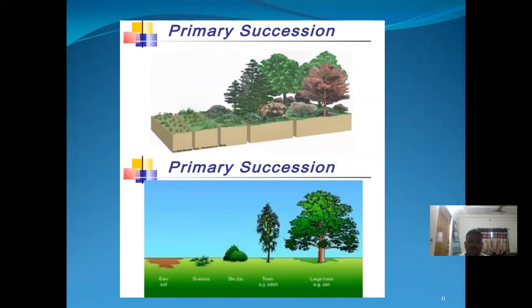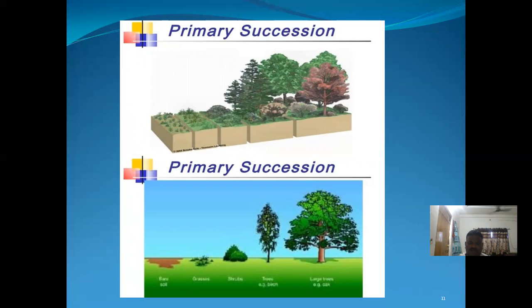See the photographs in which they are showing different areas and regions. The small plants begin to grow, then they convert to shrubs and then trees and big trees. This is the primary succession, how the process is going on. At the beginning there is bare land.